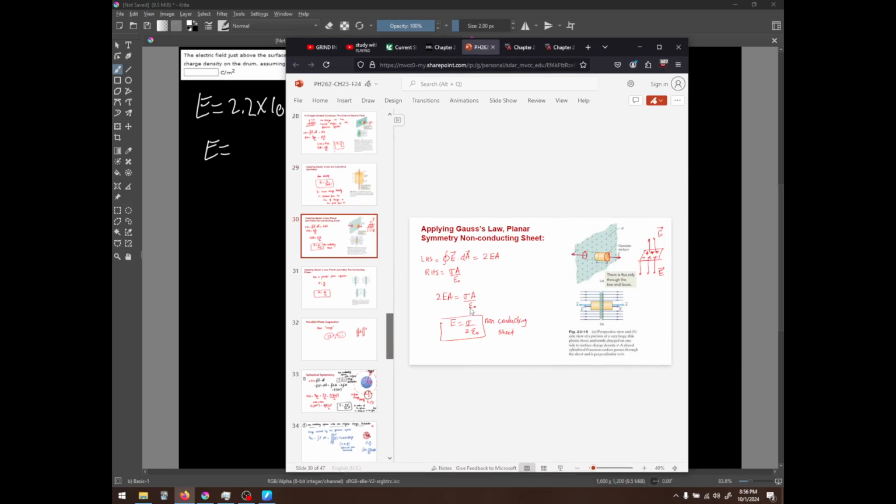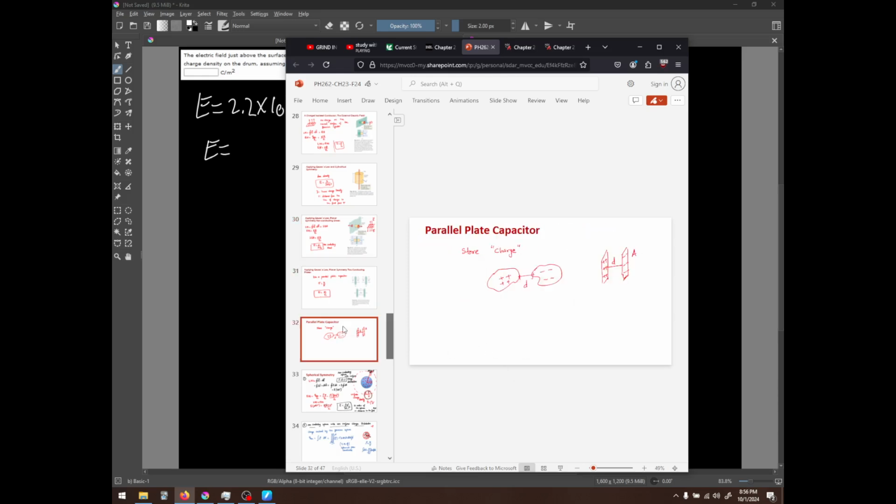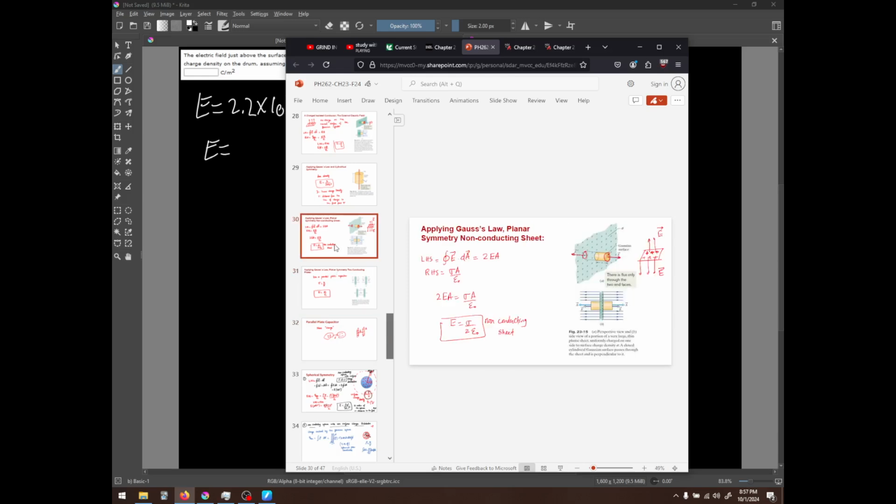I'd like to be able to use that equation. It looks like there's a drum right there. Gaussian surface, non-conducting sheet.